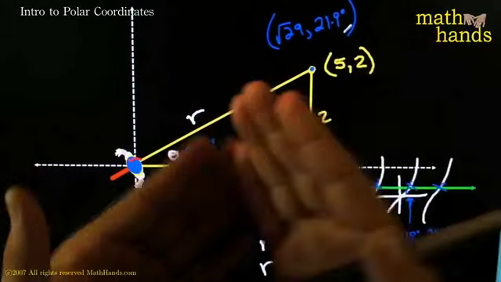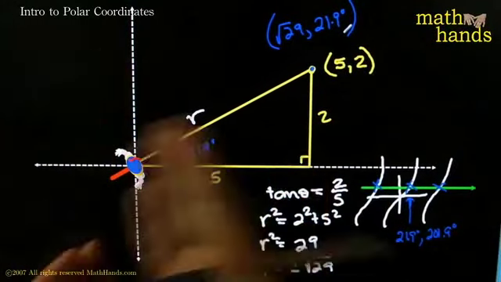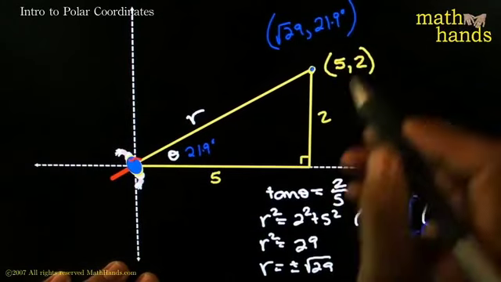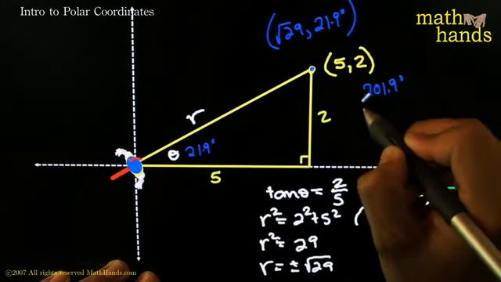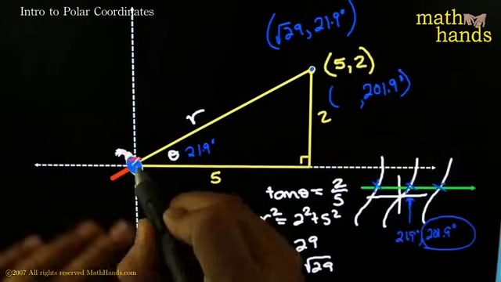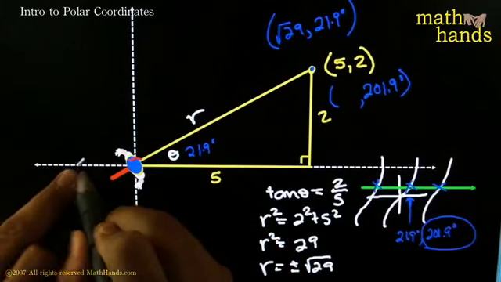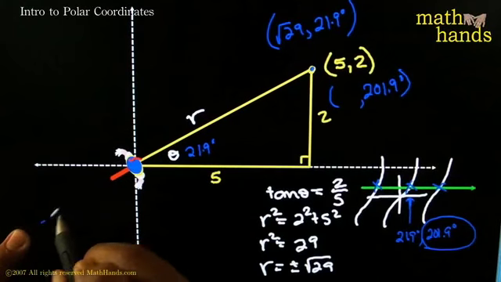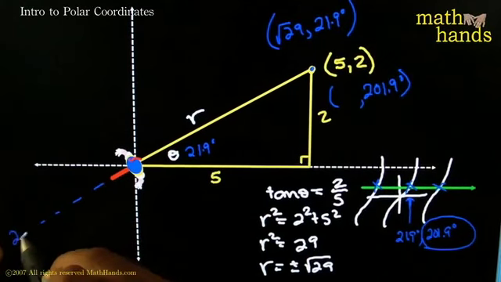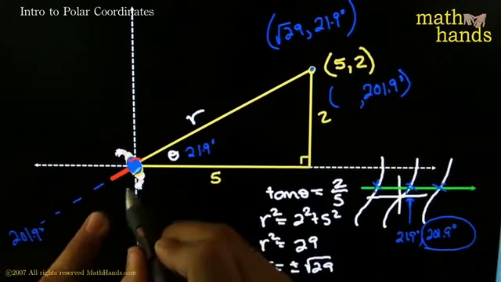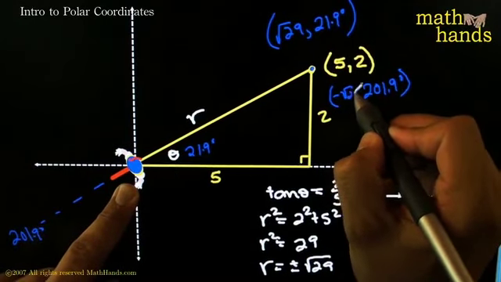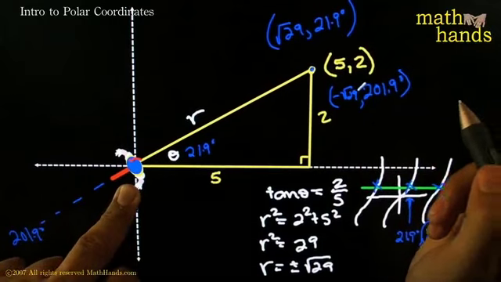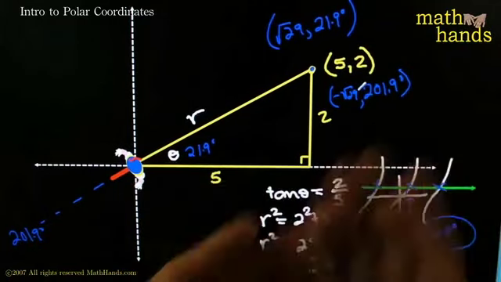However, somebody else who is also reasonable could say, maybe the angle is this one, 201.9 degrees. That's where Pinocchio is facing as he is now. He's facing the 201.9 degrees direction, and once he's facing that way, he's going to walk backwards, negative square root of 29. And that would be perfectly reasonable as well.